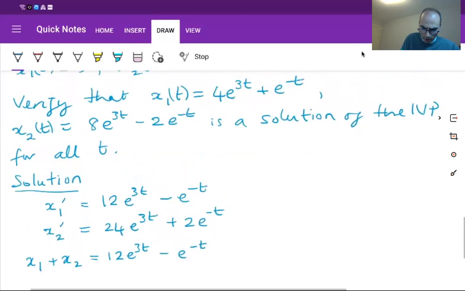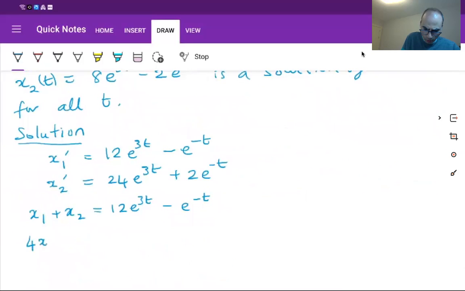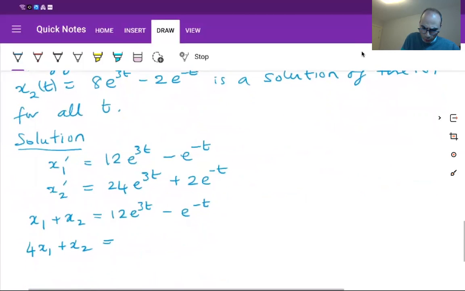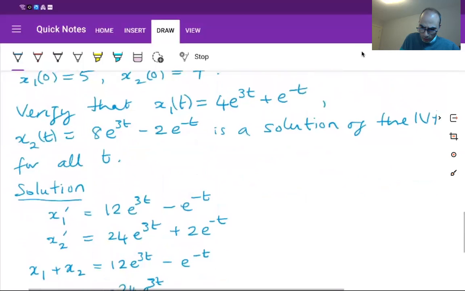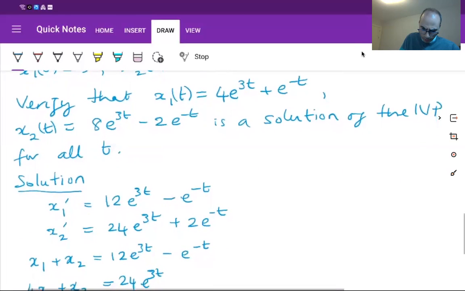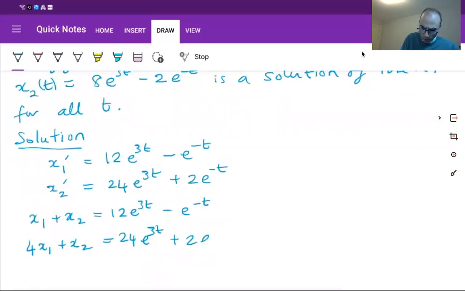And the second equation was 4x1 plus x2. So 4x1 plus x2 is equal to 24e^(3t) plus 2e^(-t).